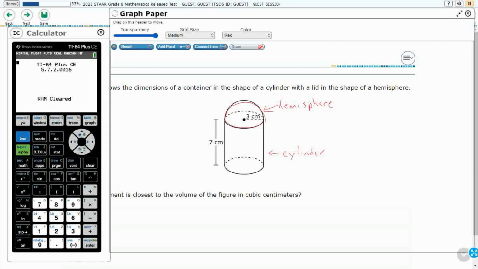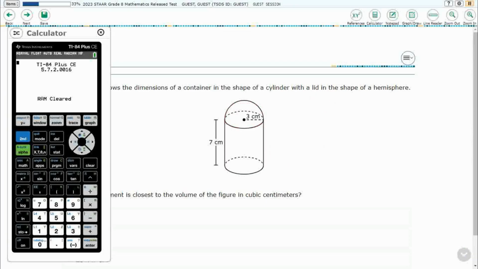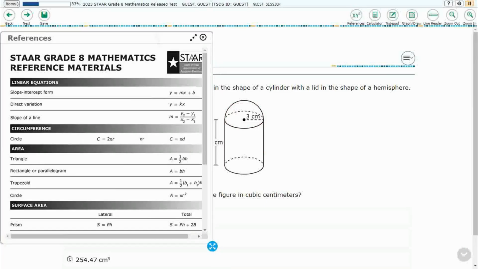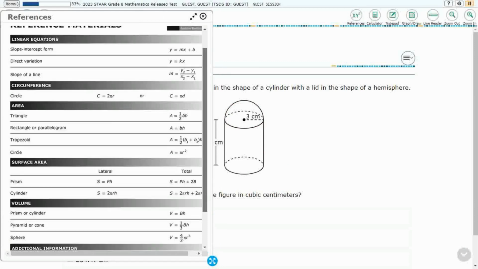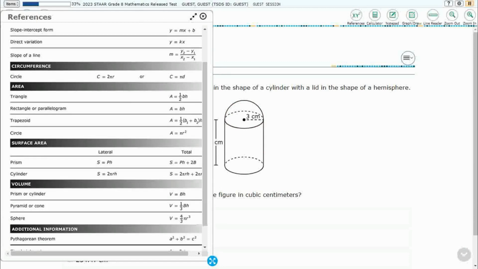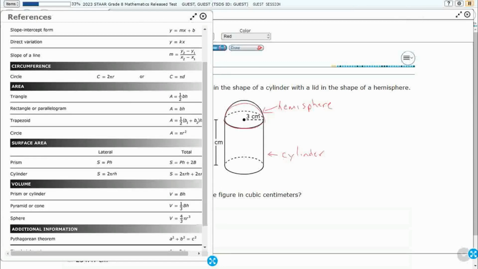All right. Then before we get started too much, let's get our reference materials out, at least get the correct formulas down for our volume, and then we'll close that back up. So what are we going to need for our hemisphere? Well, we don't have the hemisphere volume, but what we do have is a sphere.